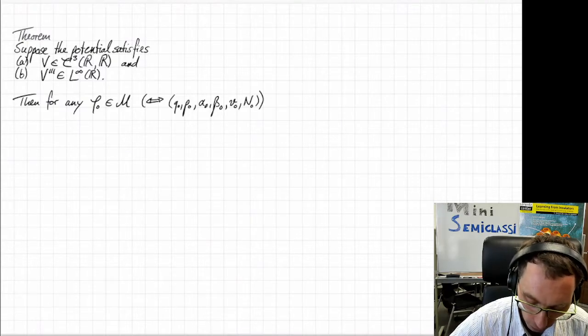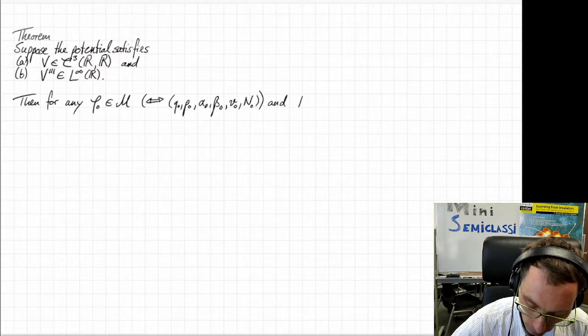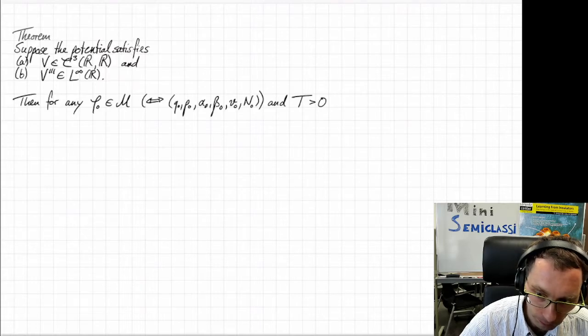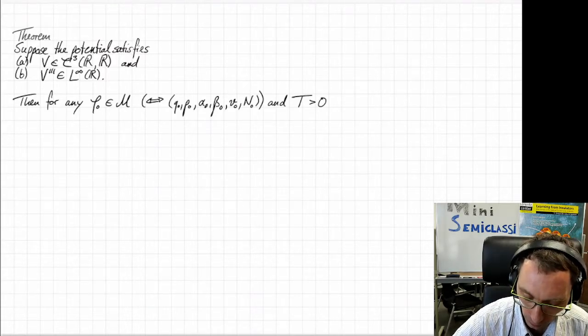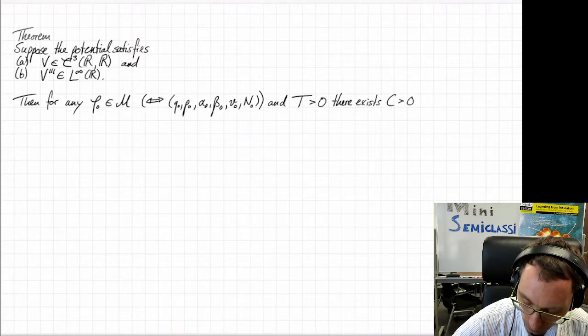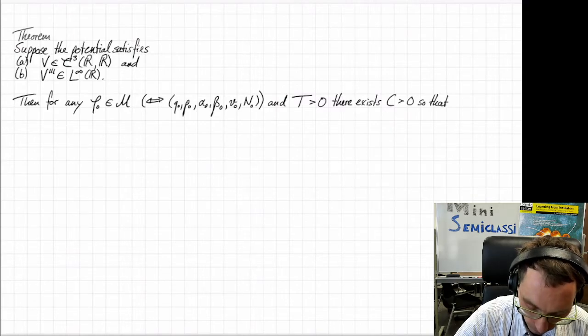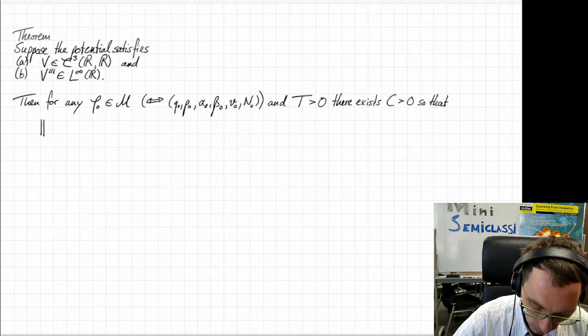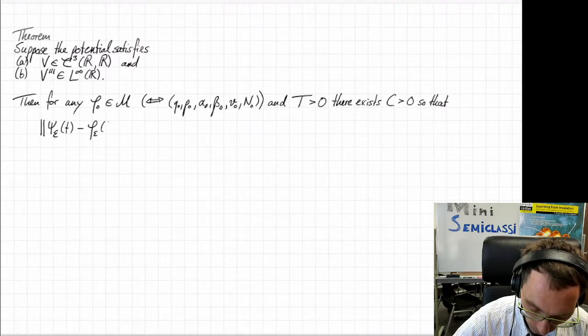Then for any initial condition and t greater than 0, so this is the maximal time for which this holds, there exists a constant c so that if we look at the norm difference between the true solution to the Schrödinger equation, which is psi epsilon, and the element of best approximation, this is less than or equal to the constant c times t, and importantly, times square root of epsilon.